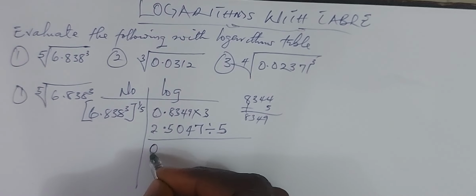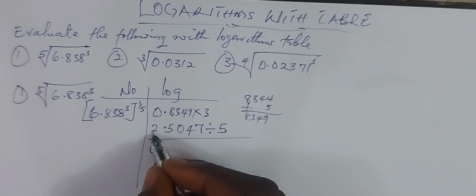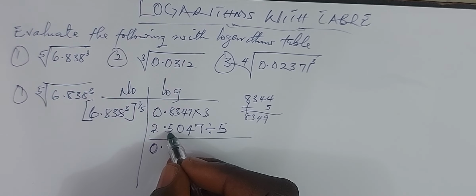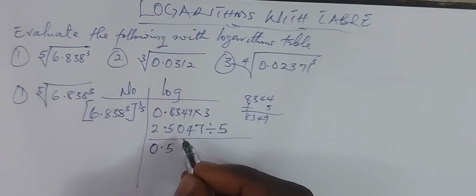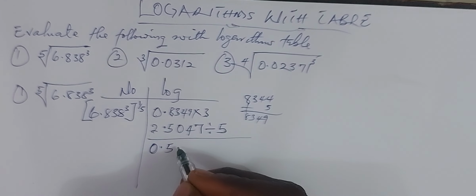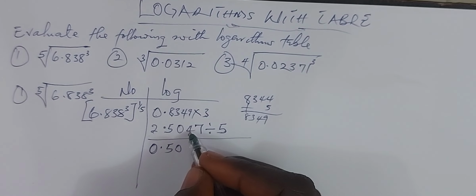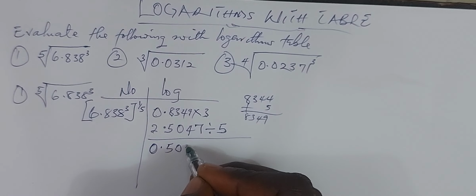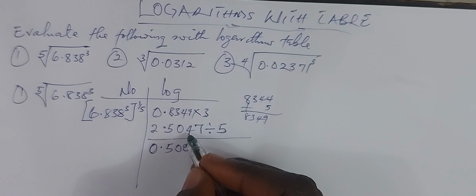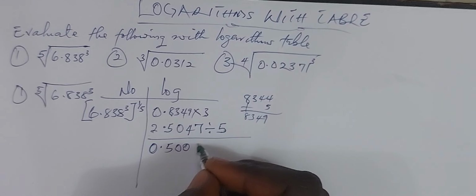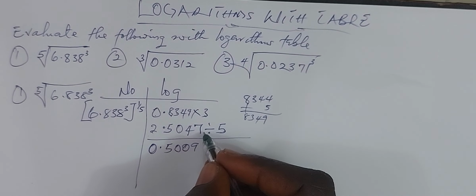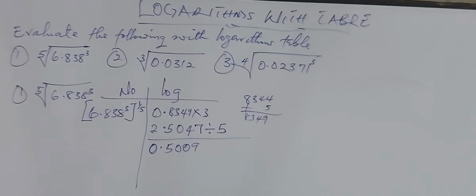Cannot. Write 0, shift the 2 to 5, which is 25. 25 divided by 5, we have 5. 0 divided by 5, 0. 4 divided by 5, cannot. Shift it to the nearest one, which is 47. 47 divided by 5, we have 9. Remember the 2, you discard it.